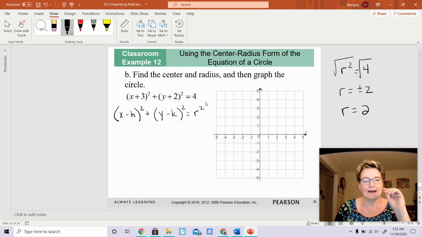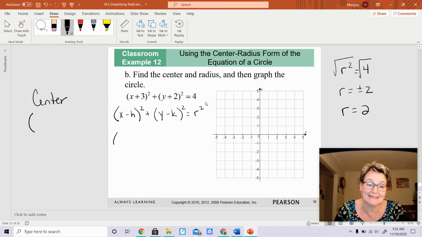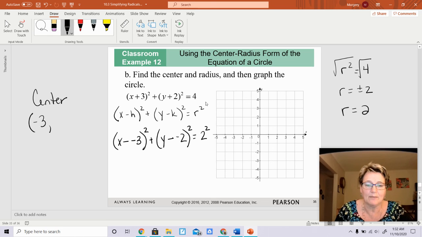Now my center is going to have to be, because that's a negative, part of my formula, it has to be negative: (x minus negative 3) squared plus (y minus negative 2) squared equals 2 squared. If you notice, my h is going to be negative 3 and my k is going to be negative 2. The reason is a negative times a negative is a positive, and that's where that positive is here.